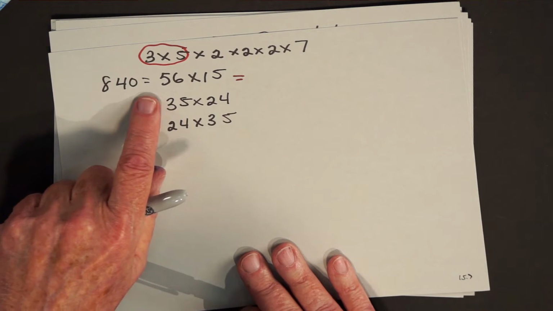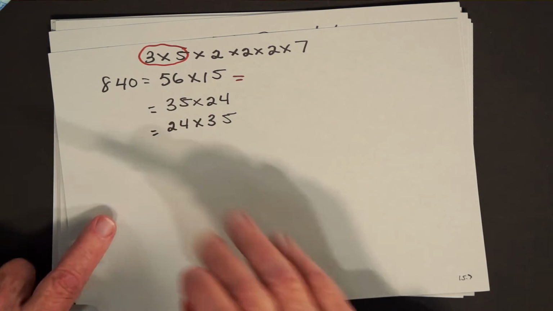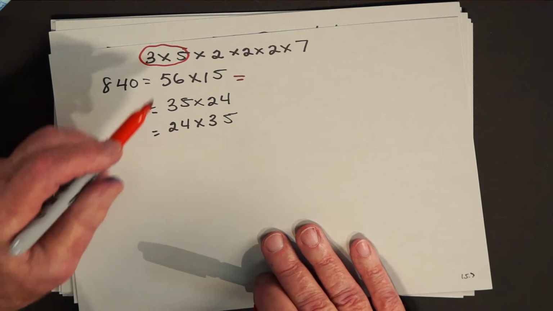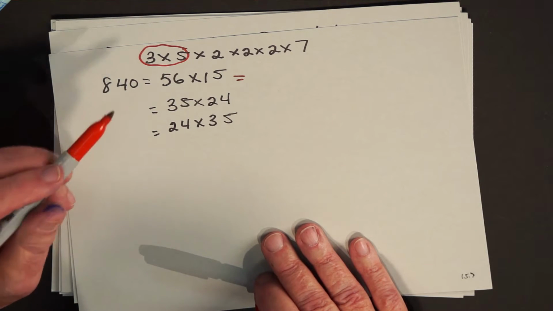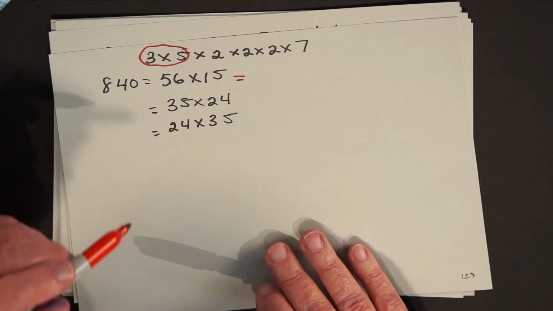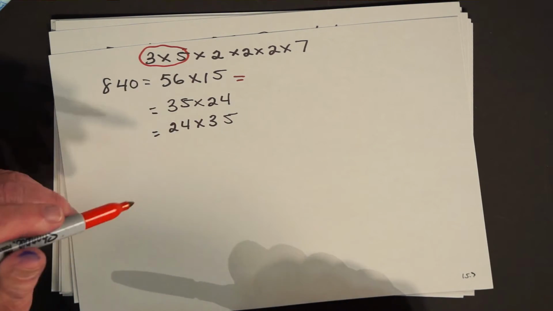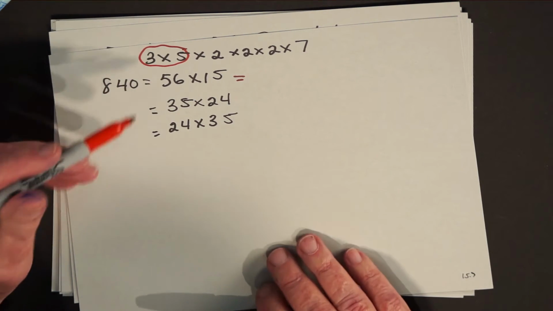That says 840 would be the 56th number that would come up if you were listing all the multiples of 15. And where would 24 come up here? You cover up the 3 2s and the 3, the 5 and the 7 are left. It's the 35th number you'd come to if you're multiplying by 24.